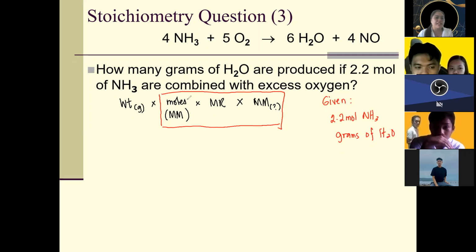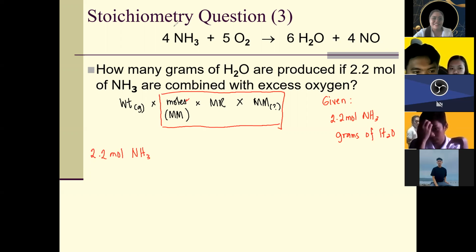You don't need the molar mass actually since this one is already given. So you just start there. Like, you write 2.2 moles of ammonia. Automatic, you don't need the molar mass here. So first, okay. And then, what will be our mole ratio?